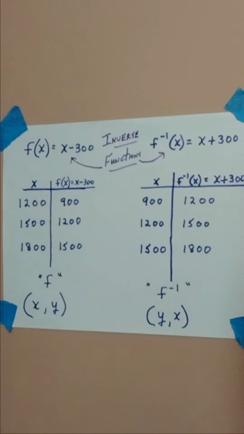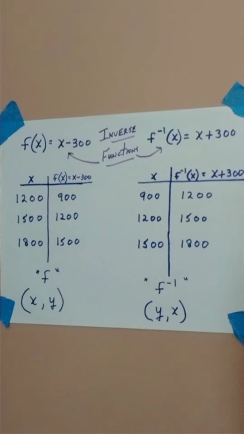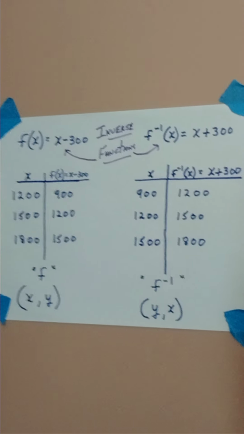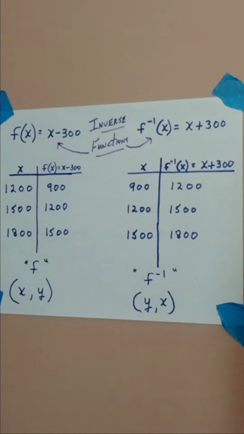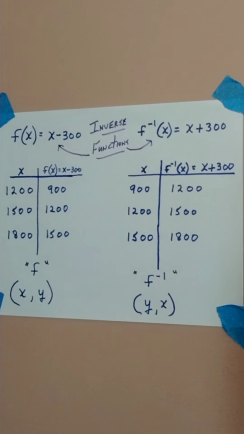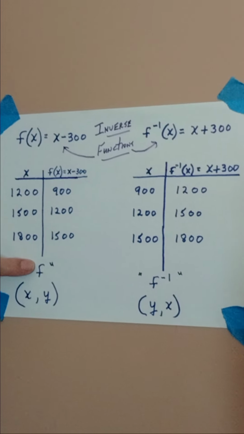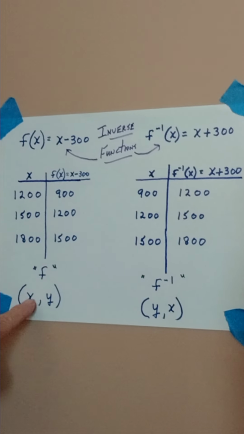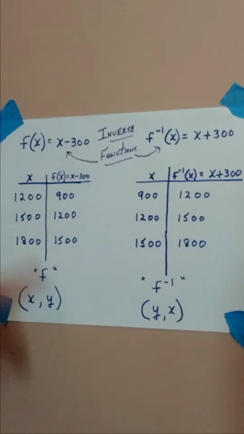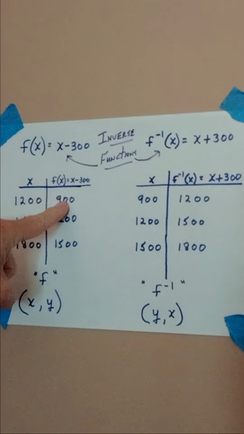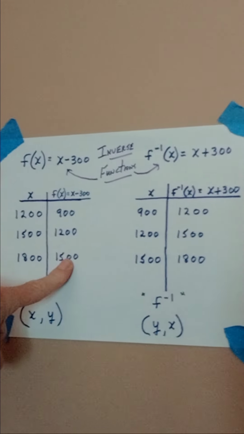Folks, while Kristen is holding that camera right up there, would you look at the ordered pairs for both of those tables? The ordered pairs for function f are x, y, x, y, x, y.